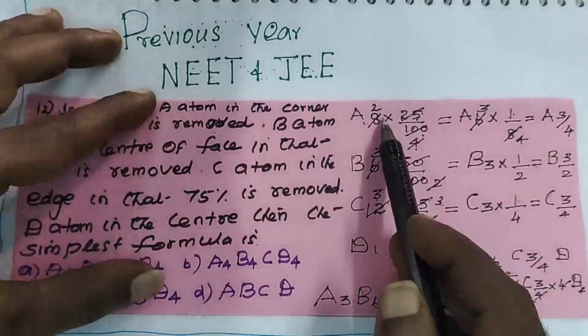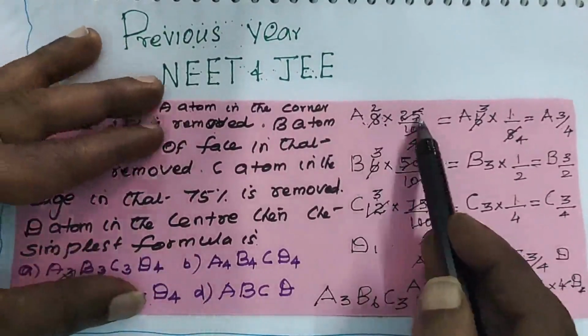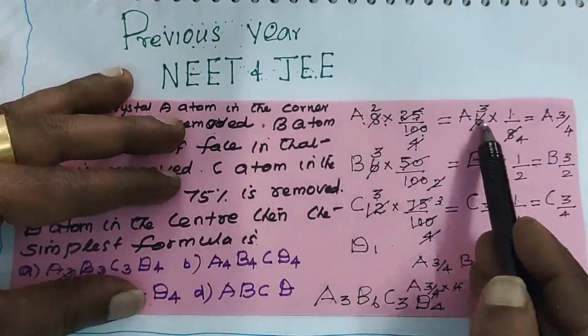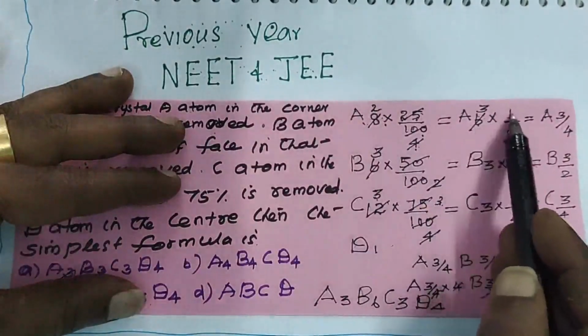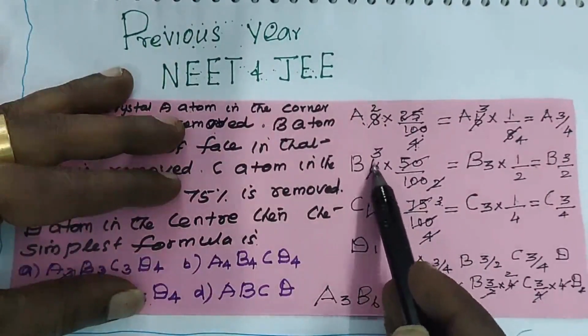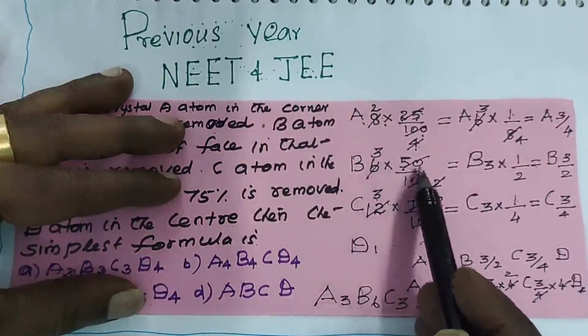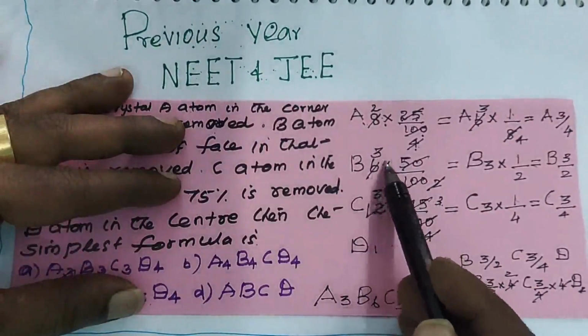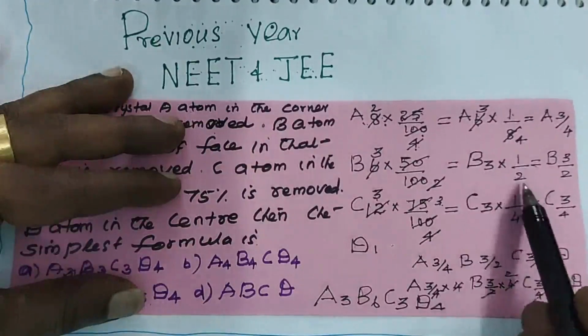To recap: A atom, total corner 8, 25% is removed, so 2 removed, remaining 6, contribution 1 by 8. B atom, total faces 6, 50% removed, so 3 removed, remaining 3, contribution 1 by 2.